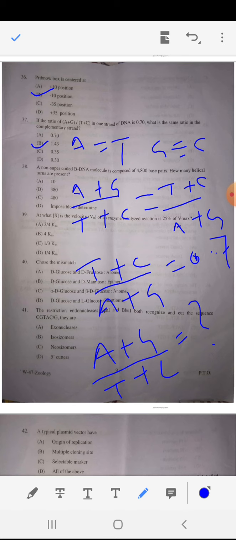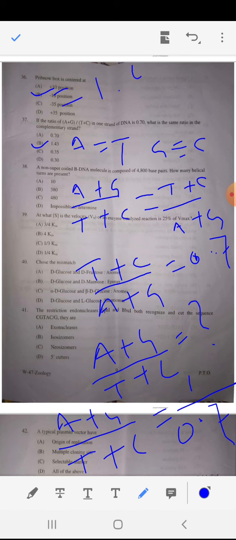A plus G by T plus C in the complementary strand is equal to 1 by 0.7, which is equivalent to 1.428, and approximately it is 1.43. So the correct answer is 1.43.